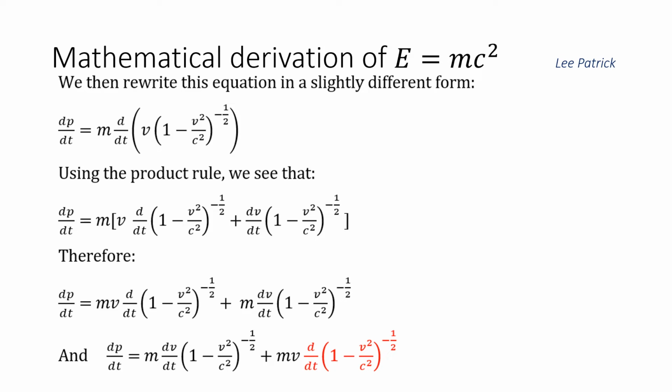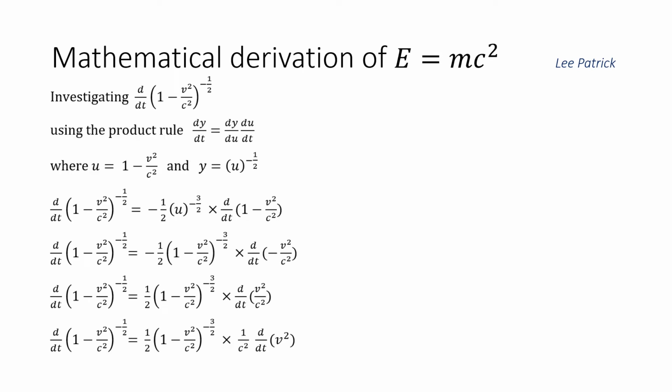Therefore, dp/dt equals mv d/dt of 1 minus v squared over c squared to the power of minus a half, plus m dv/dt times 1 minus v squared over c squared to the power of minus a half. I've then swapped this around a little bit to highlight the final expression in red, which is d/dt of 1 minus v squared over c squared to the power of minus a half.